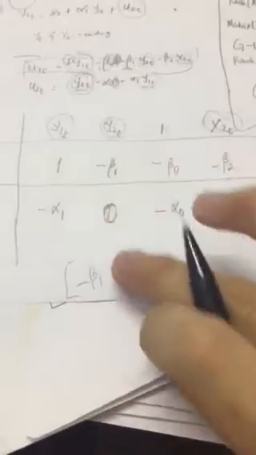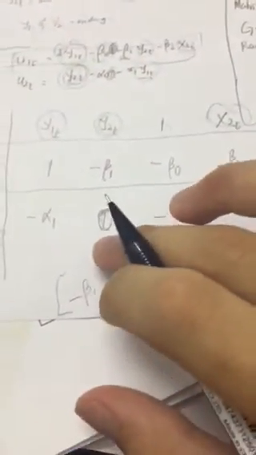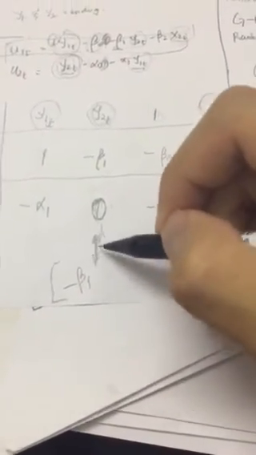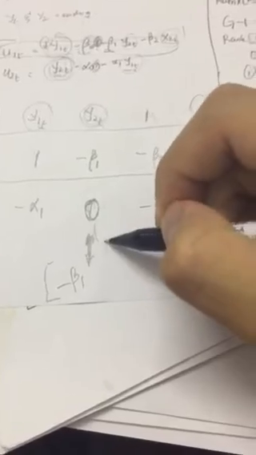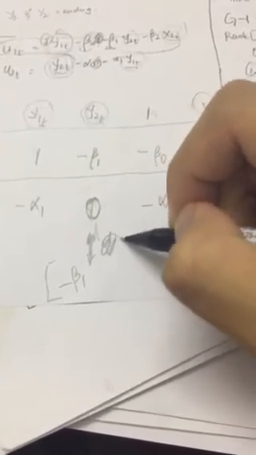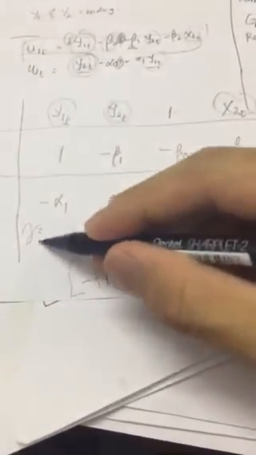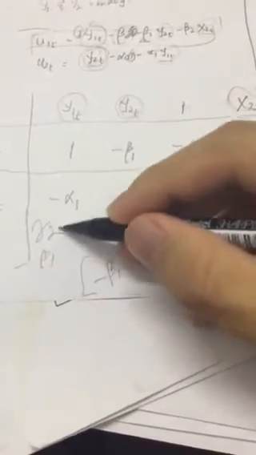So what if this becomes 0? Then the matrix will be, first you need to close this, beta 1, then there is no other 0 here. If there is another value downside, let's say gamma 2, then the matrix will be gamma 2 and beta 1, first column.